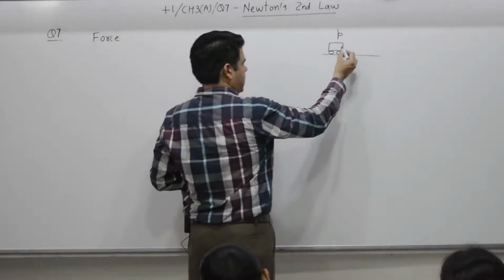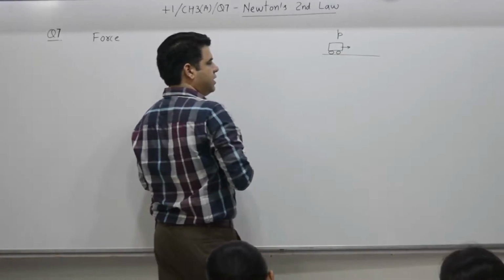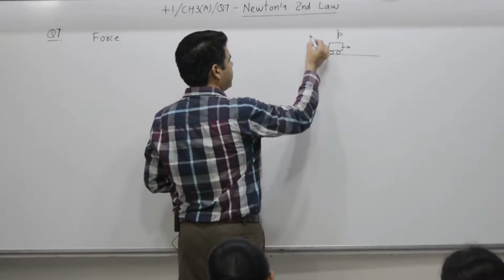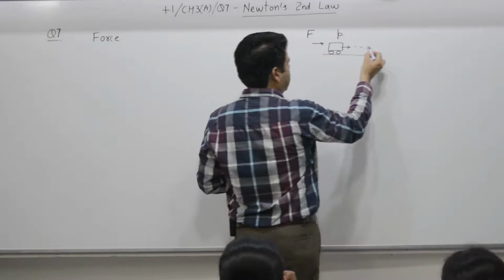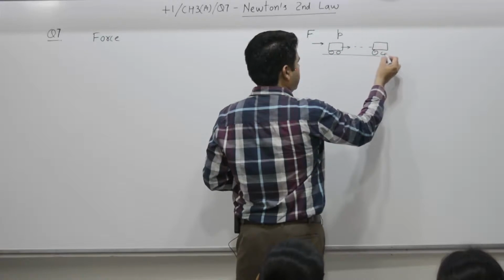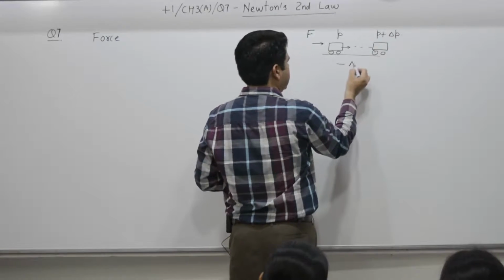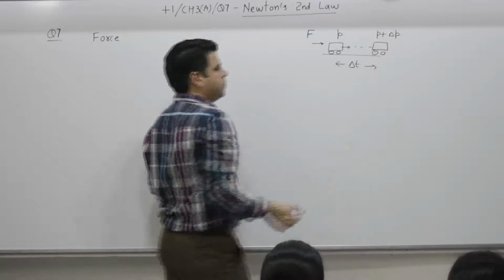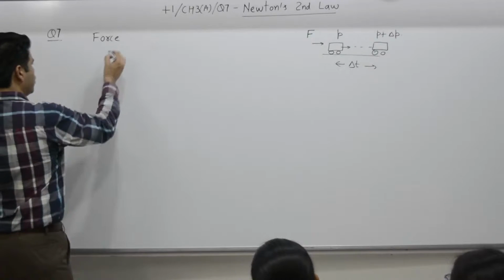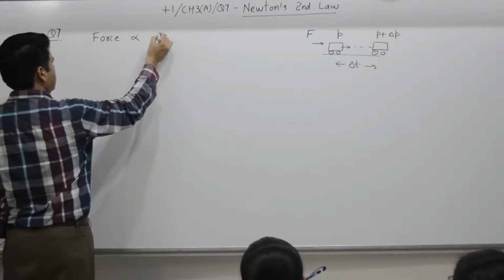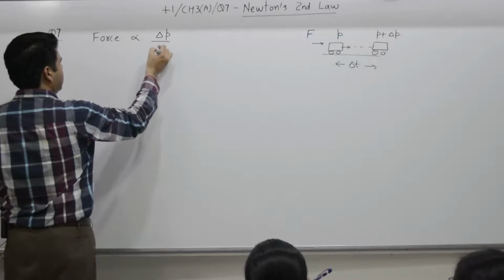So, let there be an object with momentum P. You apply force F, and the new momentum is, say, P plus delta P. It has taken how much time? Delta T. Then as per definition, force is proportional to the rate of change of momentum.